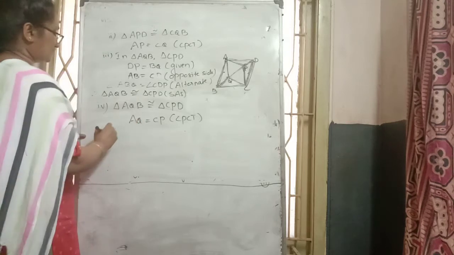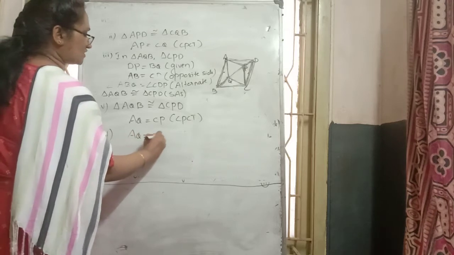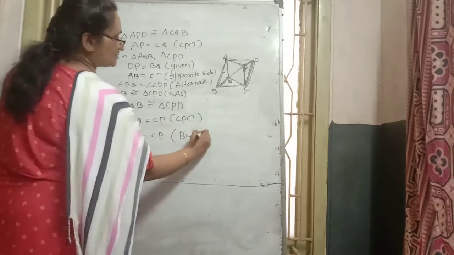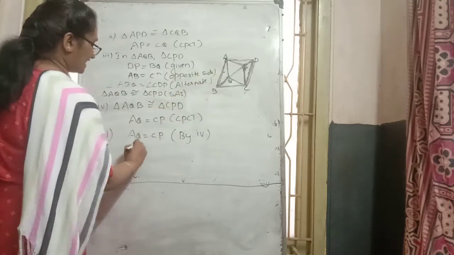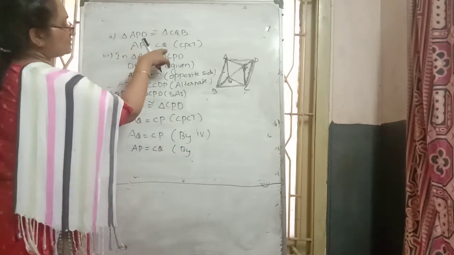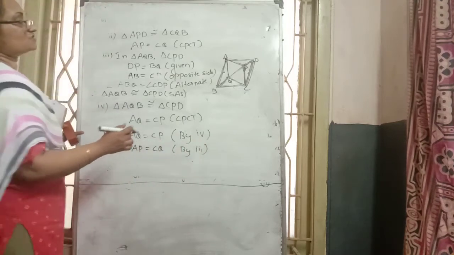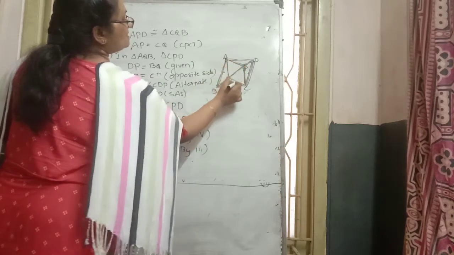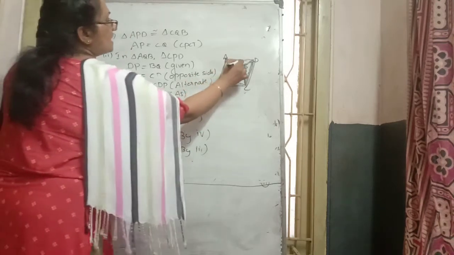So for the fifth case, how can we prove that? Already we proved that AQ is equal to CP in the fourth case. Next, we can say AP and QC, or CQ, are equal, which we proved in the second case. Then one more thing: here also, because they are parallel, we can write alternate interior angles. Which are they?